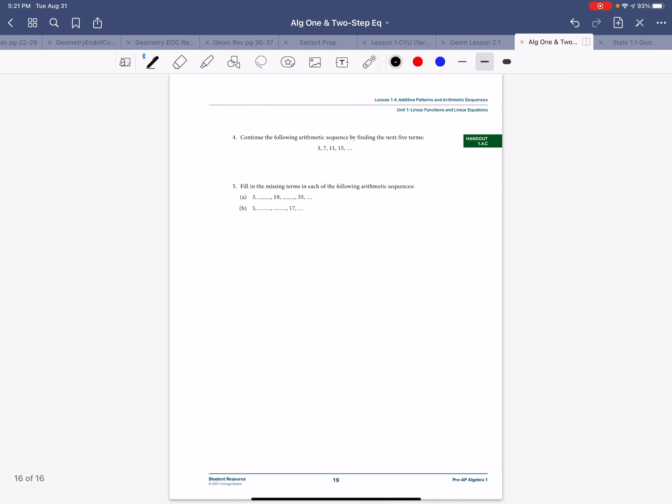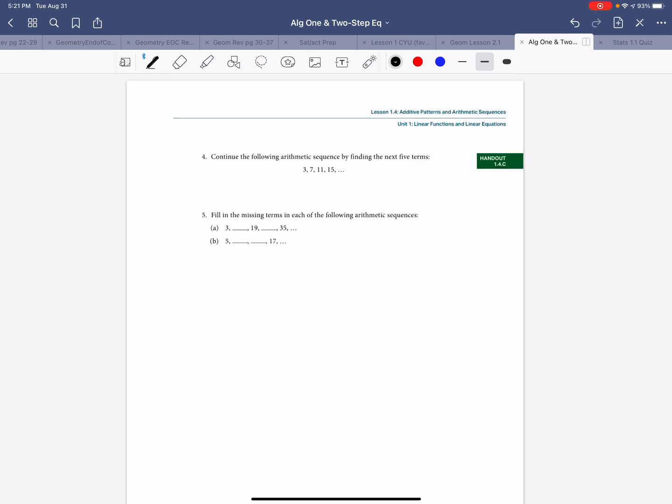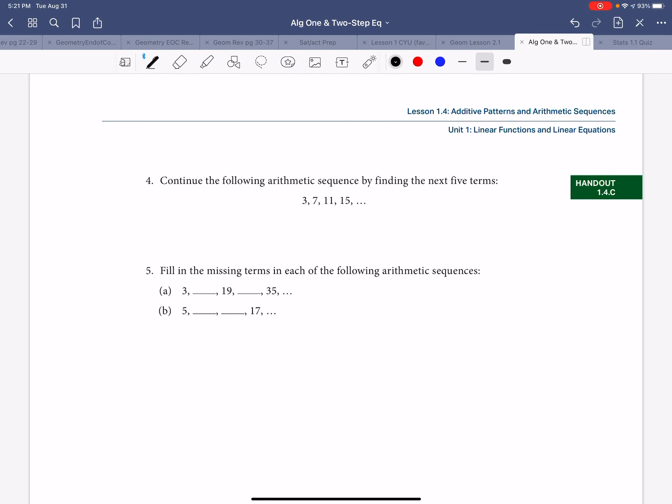Now, we did this, and then I assigned it on IXL. So I'm going to show you that here in a minute. But again, it says continue this for the next 5. So 15, and then something, and then something, and then something, and then something. So we have to figure out what happened. So again, I'm going to assume I added. So if I subtract, I get 4.